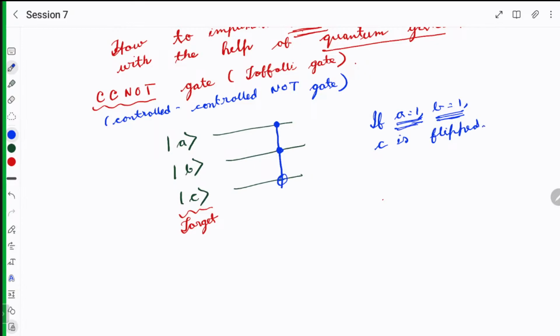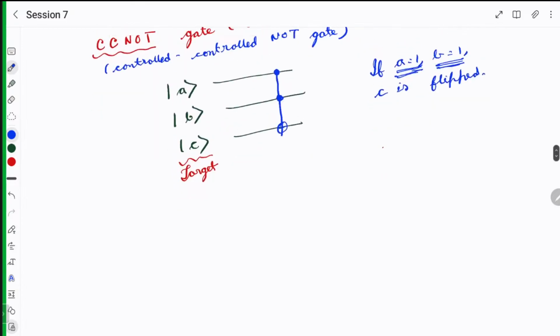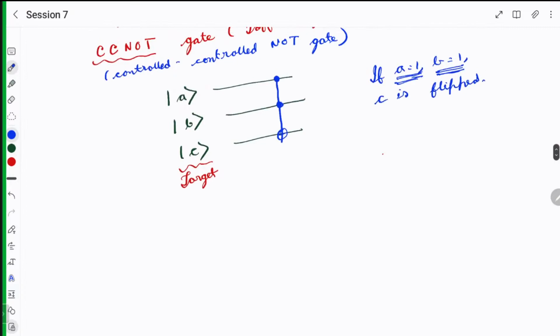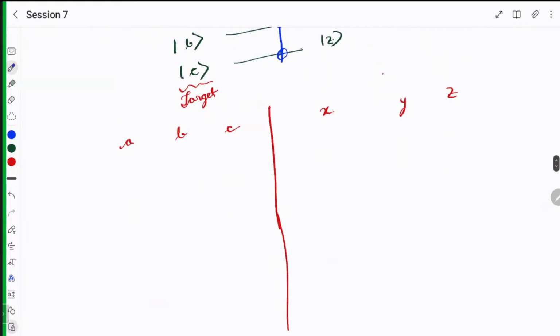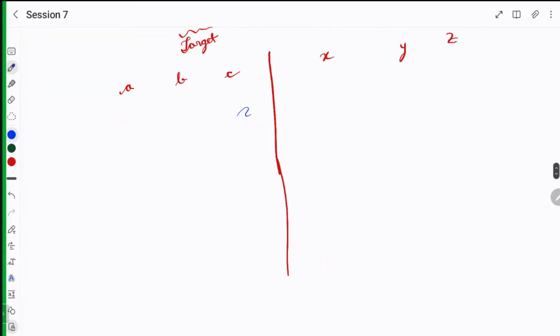Okay. So if we try to write the truth table for this, as in for what inputs, what output we will get, let's say the outputs are X, Y, Z. If we write the truth table, there will be 8 possible combinations.